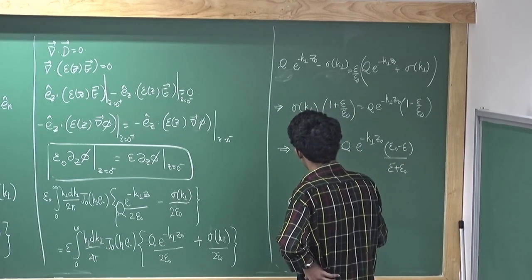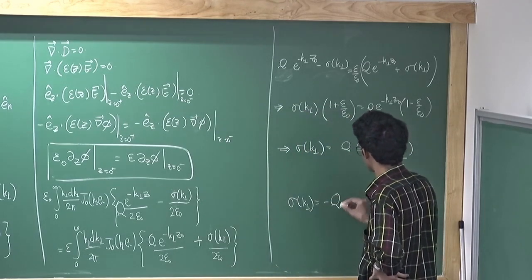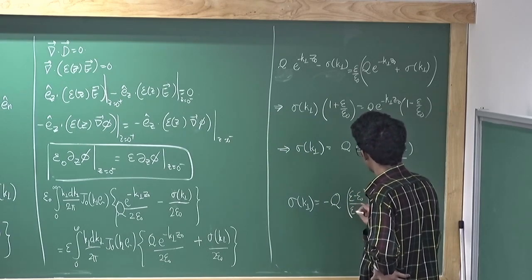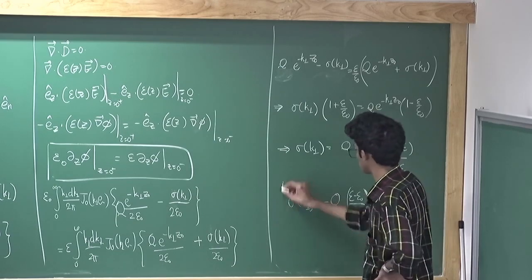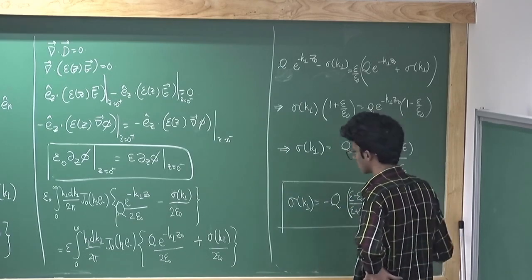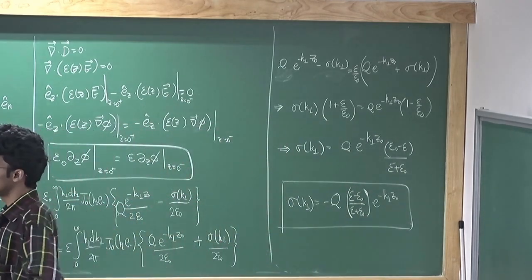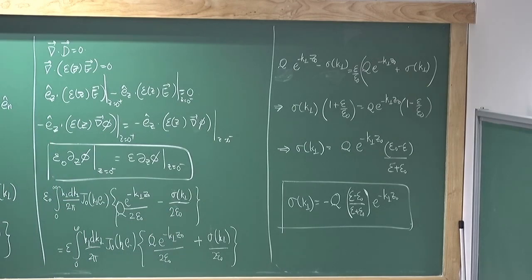And let me write that finally as sigma of k perpendicular equal to minus Q epsilon minus epsilon naught by epsilon plus epsilon naught e to the minus k perpendicular z naught. That's sigma of k perpendicular. Now all you need to do is to put that into the ansatz we wrote down to get the final solution. Let me do that now.